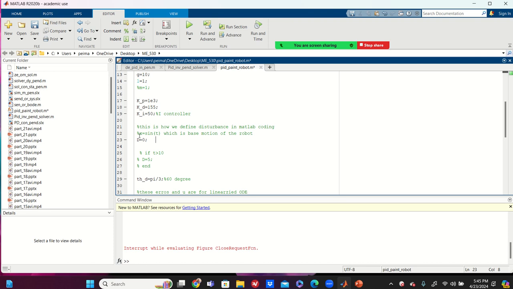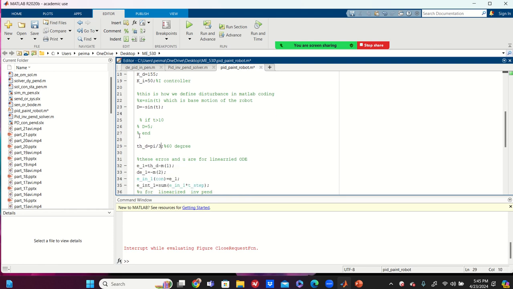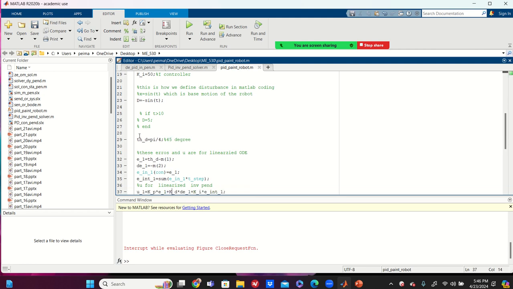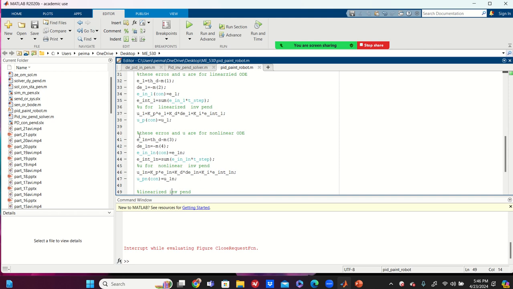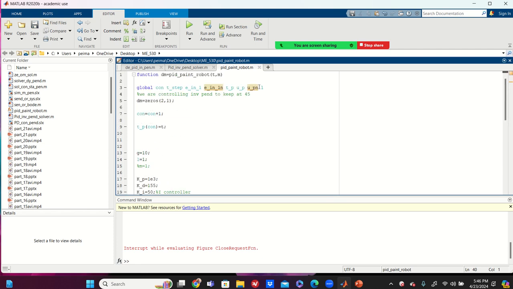If that's the case, we need X double dot. X double dot is how much? X dot is cosine T, so X double dot is minus sine T. This is the base motion of the robot. Still, I'm going to push it this time to 45 degrees as the desirable input. I'm not changing everything except removing the nonlinear terms.